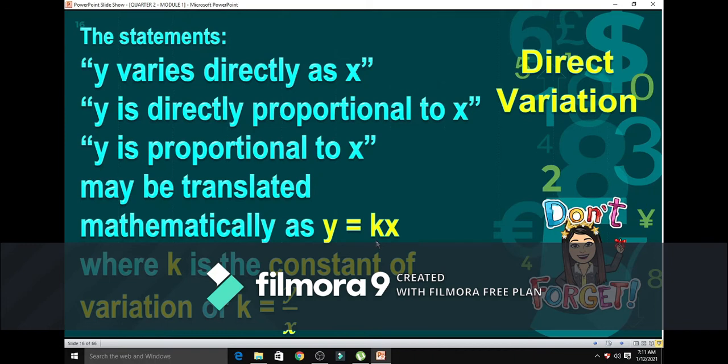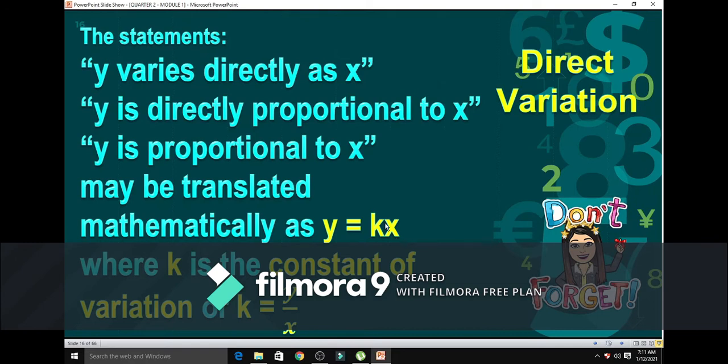So, ano po ba yung k natin? Yun yung constant of variation or yung hindi nagbabago between the two quantities. So, first variable nasa left side is equal to the second variable on the right side, katabi ng k.